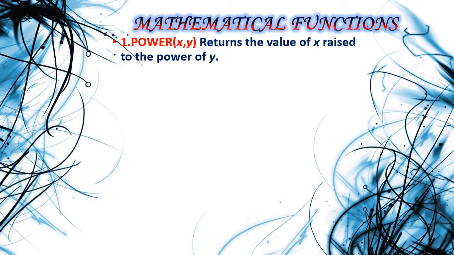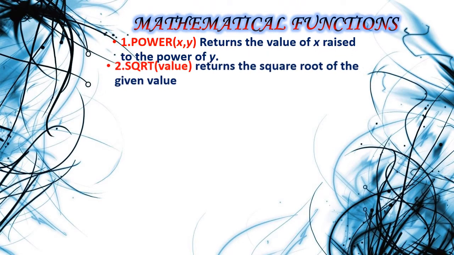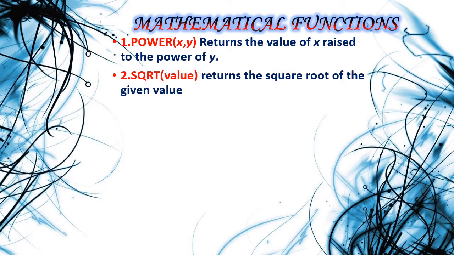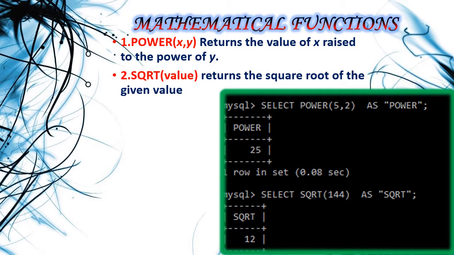The POWER function returns the value of x to the power of y, and the SQRT function returns the square root of the given value. For example, POWER(5, 2) means the base value is 5 and the power value is 2, so 5 into 5, 25 is returned, and the square root of 144 is 12, which is displayed.